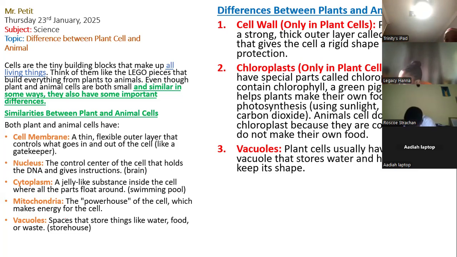What's another difference? Maya, can you read the third one? The third difference between plant cells and animal cells: vacuoles. Plant cells usually have one large vacuole that stores water and helps the cell keep its shape. Very good.